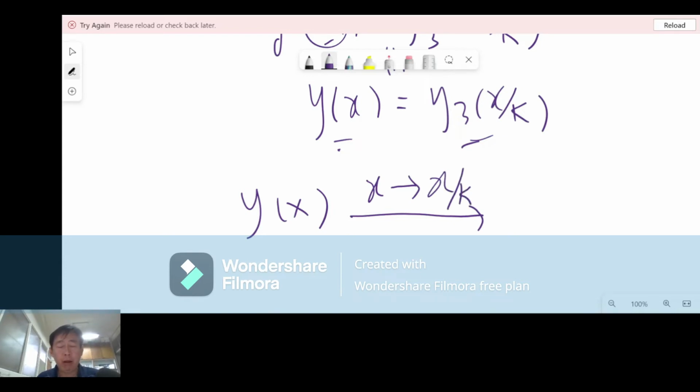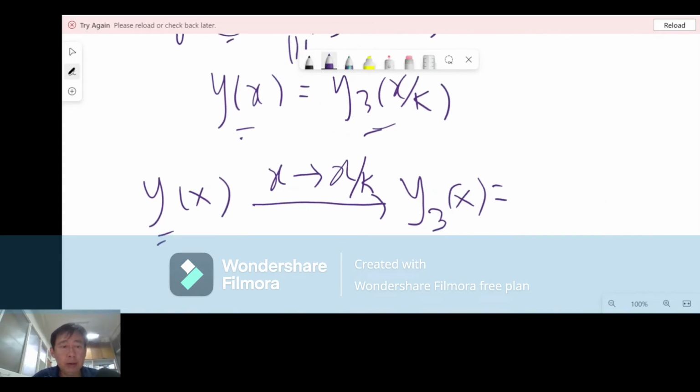If you do that operation, the function of y will be brought to the compressed function of y3, where y3 is just obtained from y by replacing x with x over k.